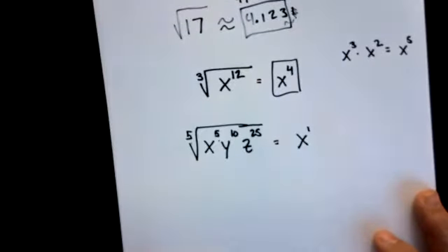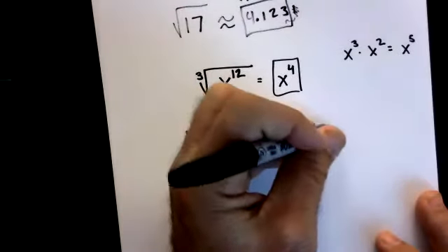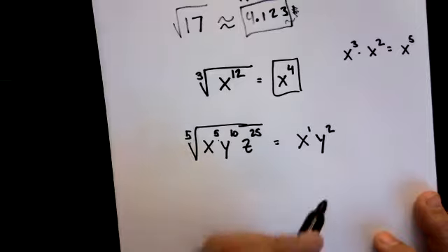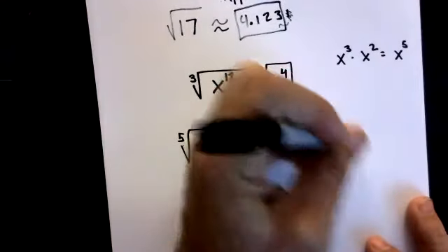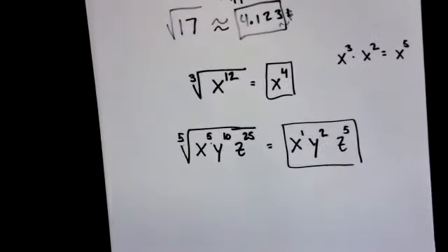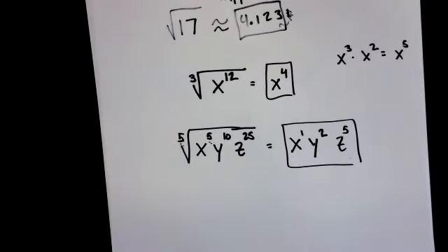So that's going to be an x to the first. 10 divided by 5 is 2. So that would be a y to the second. 25 divided by 5 is 5. So that would be a z to the fifth. So variables and exponents, you just simply divide your exponent by your index or your root number.